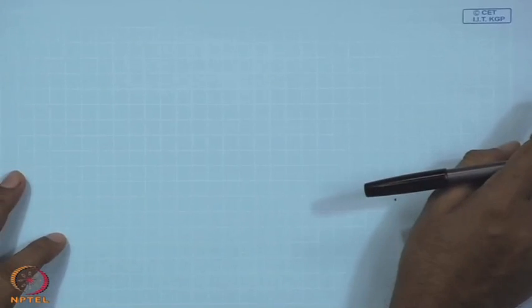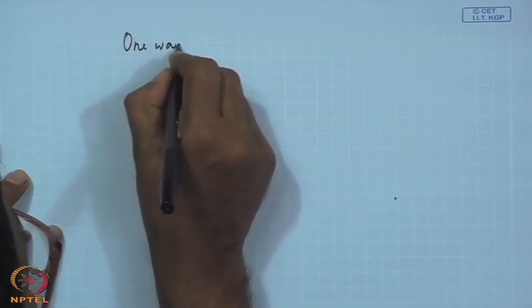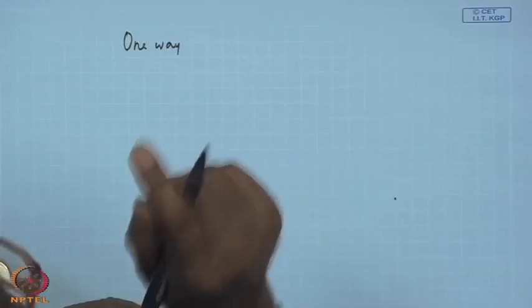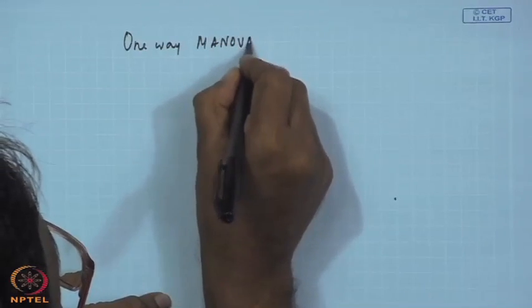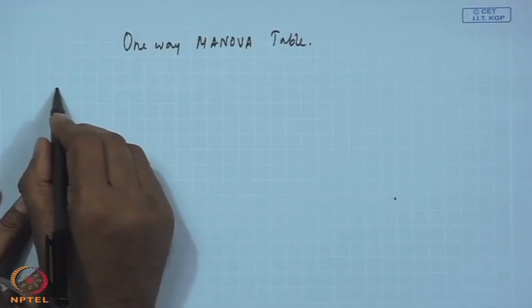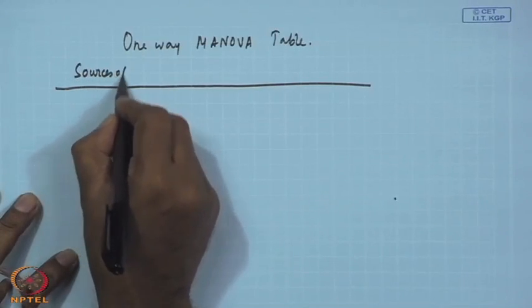Please remember, this is one way MANOVA. We are talking about one way MANOVA because we have taken only one kind of factor, population 1 to population L, and no other kinds of factors are considered. In this table you have to write down the source, the sources of variation.